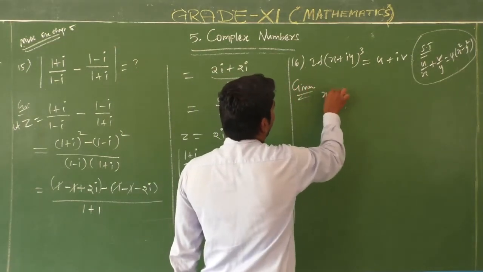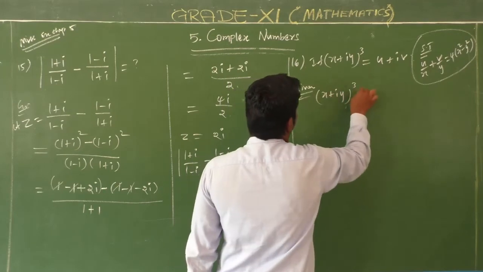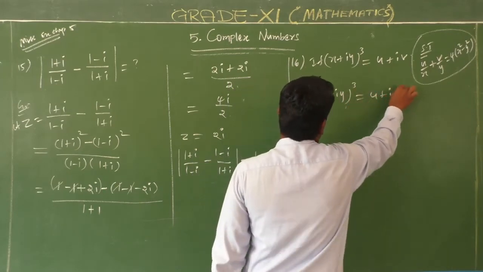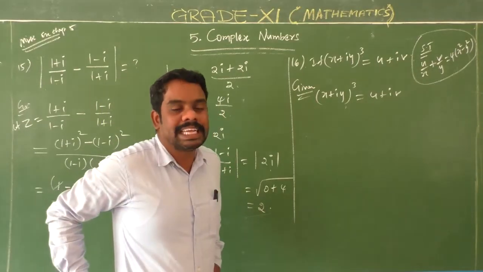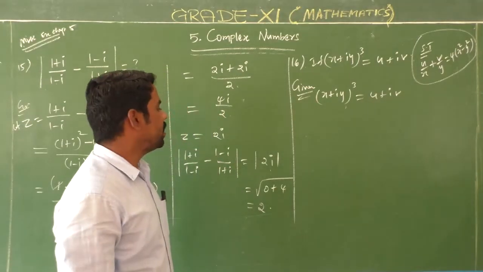Given (x plus iy) the whole cube is equal to u plus iv. Right. (x plus iy) the whole cube, that is the (a plus b) whole cube formula.